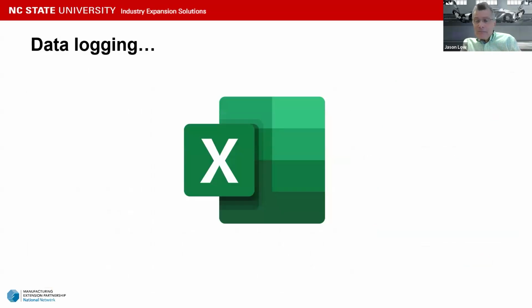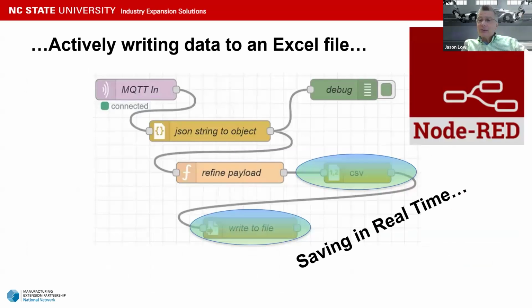So in data logging, I ultimately want to put this somewhere. Again, I can use the same software. I can connect to the same nodes that I had before, the same blocks, and refine it again for making it suitable to push to a CSV format, and then from that CSV format to a file.